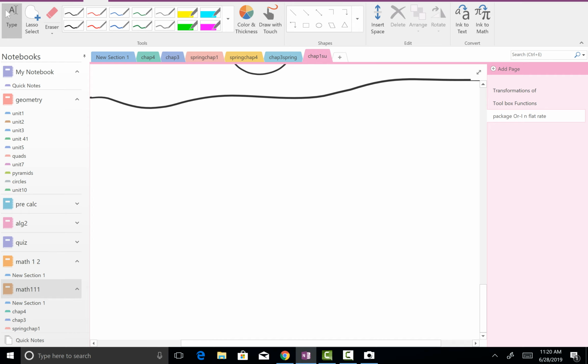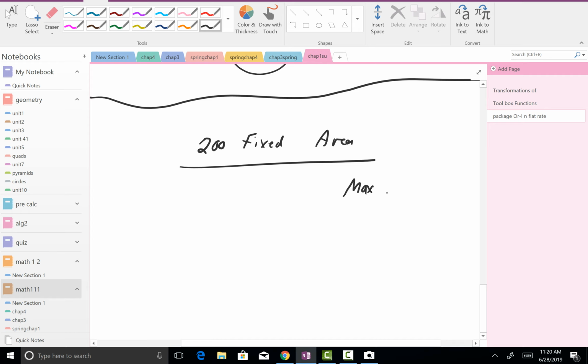So let's say we have a situation where we have, I think that was a fixed surface area of 200. All right. And what I'm trying to do again is find that maximum volume, right?